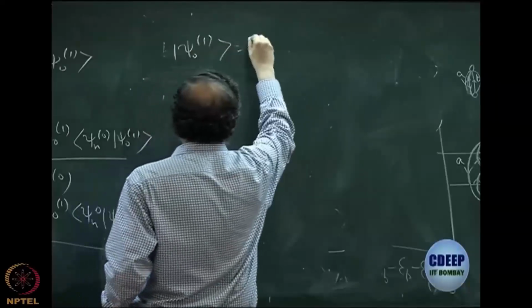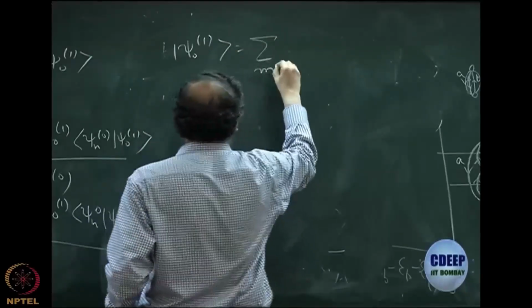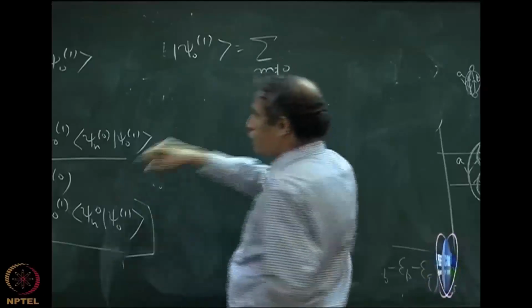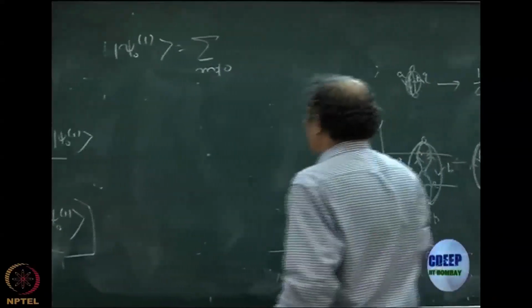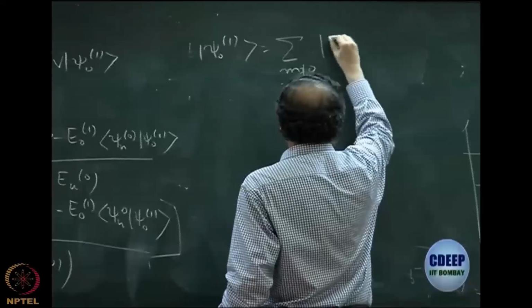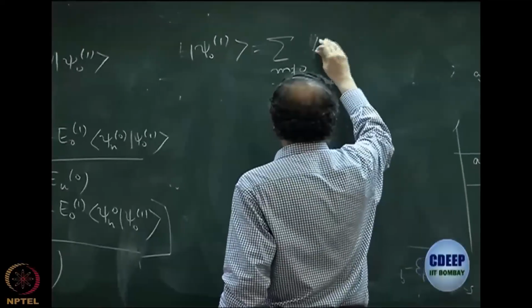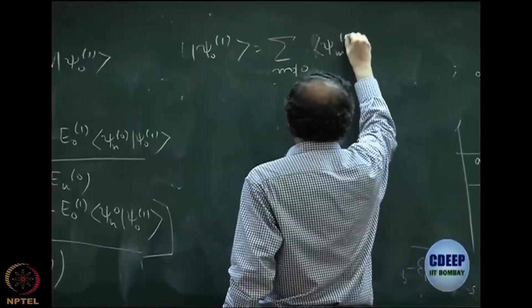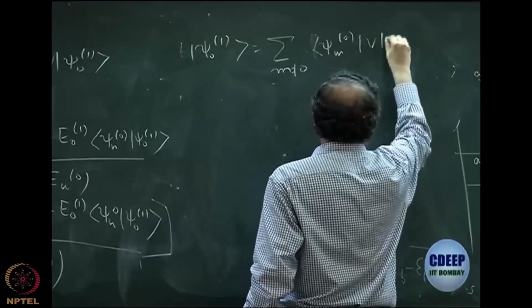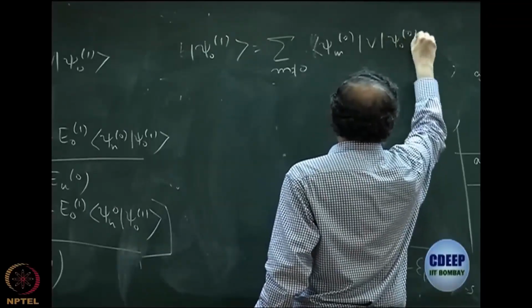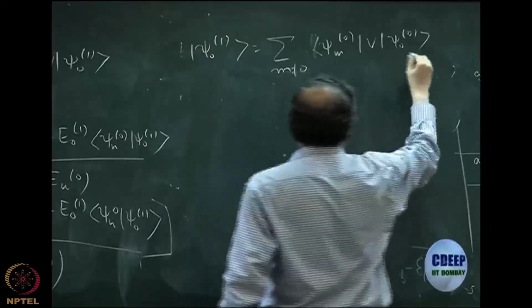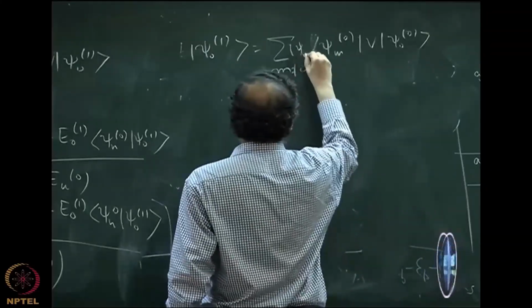So ψ01 is sum over some m. I am using a different dummy index from n. Sum over m, again cm1, but now I know what is cm1. So can somebody tell me again? ⟨ψm0|V|ψ00⟩, and I can write ψm0 here.